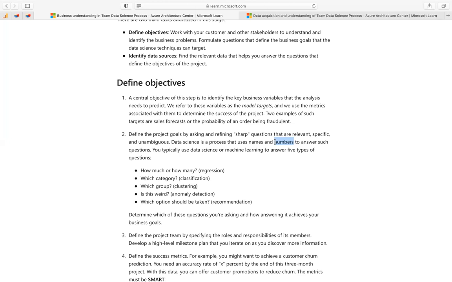For example, let's say in a bank. Now if I'm in a bank and I have the data of my users, I want to know whether I have a working group dominating my users, or I have a non-working group, or I have a young group doing banking with me.